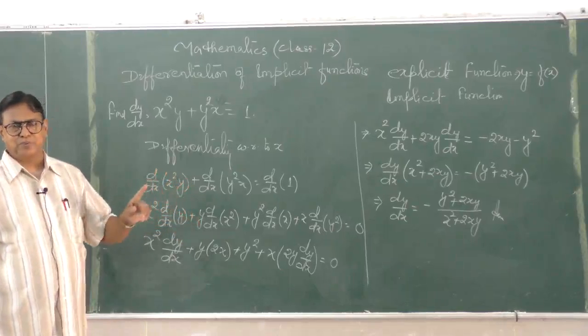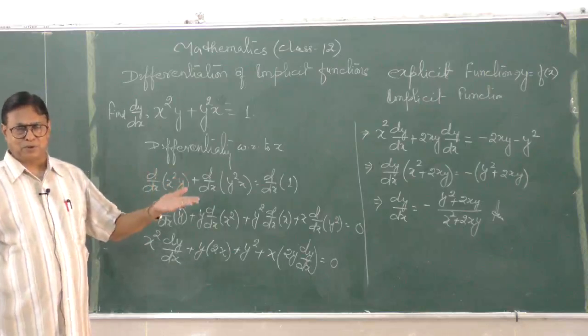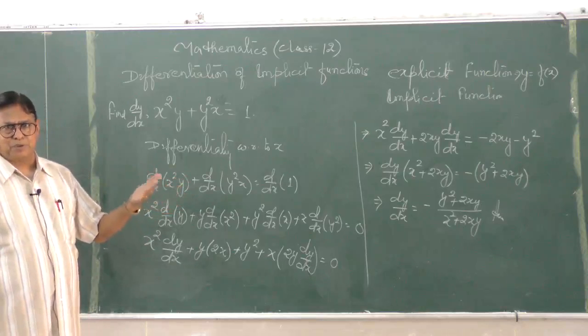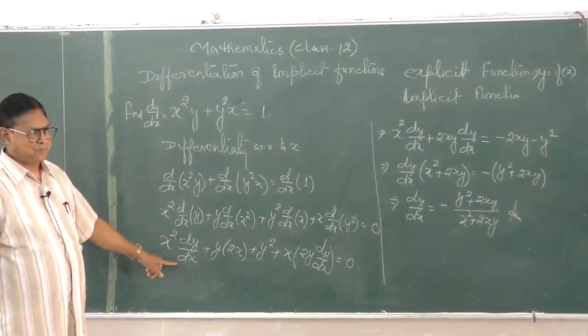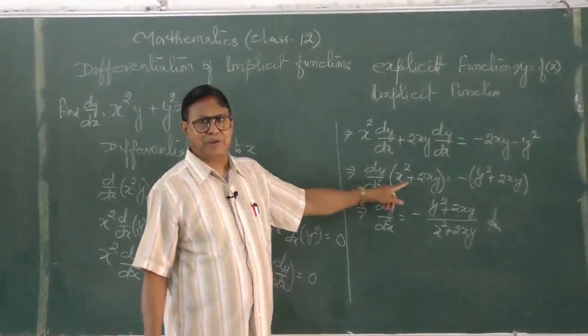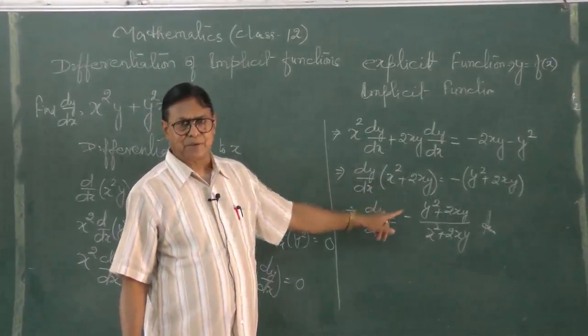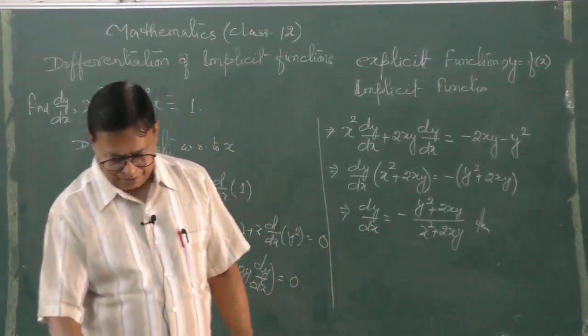When we differentiate y, it will be the same rule, like sin y into cos y, y square will be 2y, only we multiply it with dy by dx. Once the differentiation is complete, we take the terms with dy by dx to one side and get the value of dy by dx. So, this is one type. I come to the next.